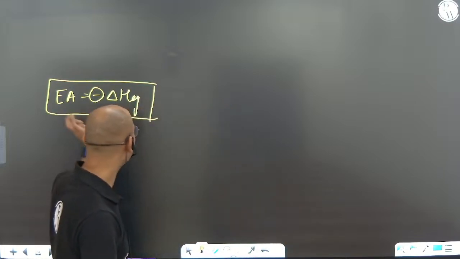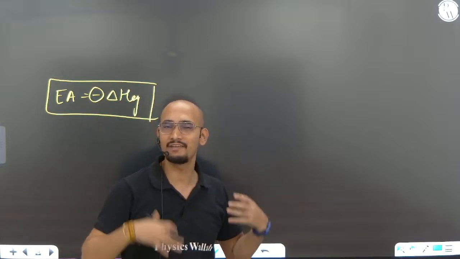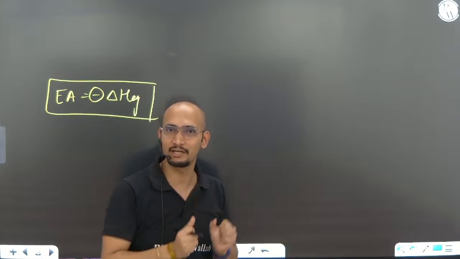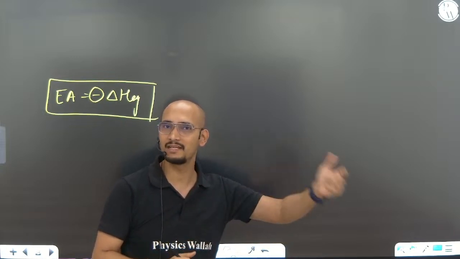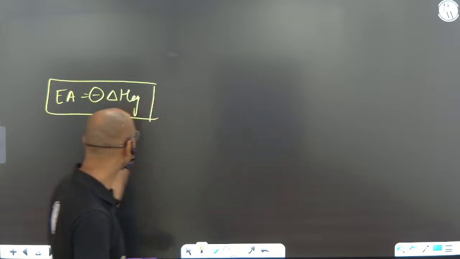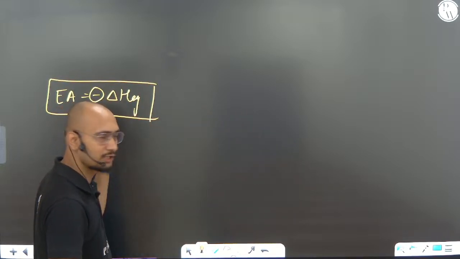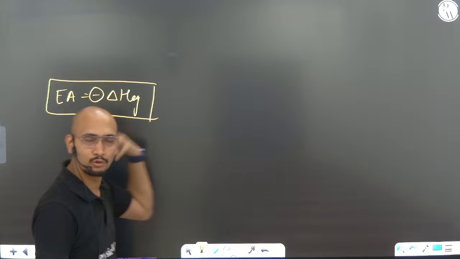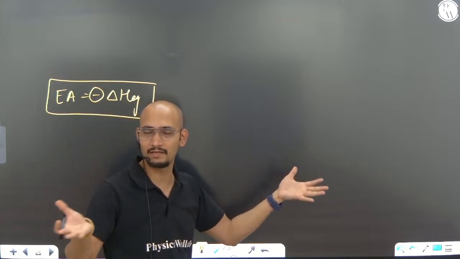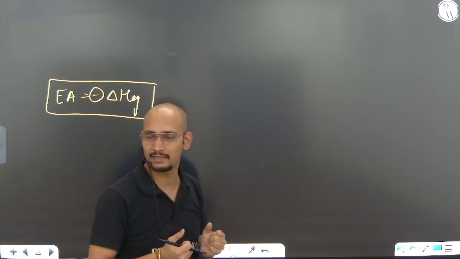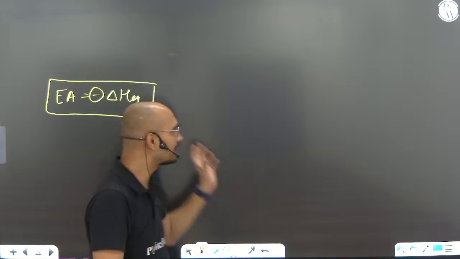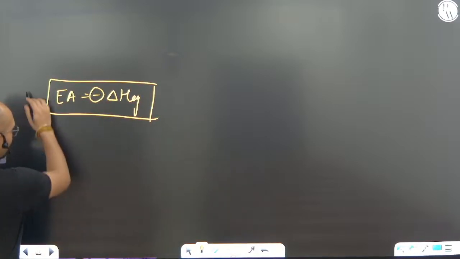But electron affinity talks about how much affinity an element has towards the electron, so we cannot make it negative. That's why we take negative of negative. The more positive, the more electron affinity, the more the attraction for the electron. So we have kept it as negative of delta H eg. You have to just keep this in mind.